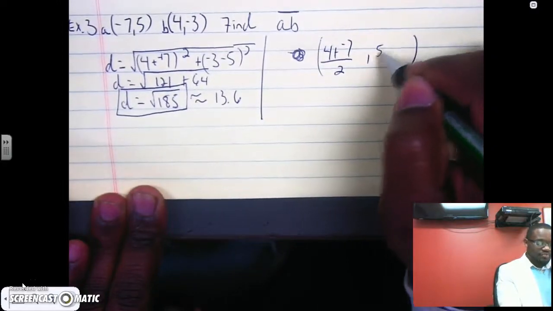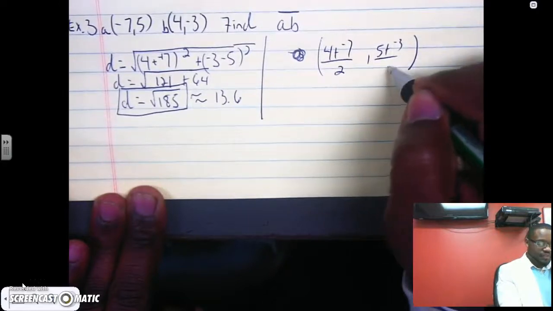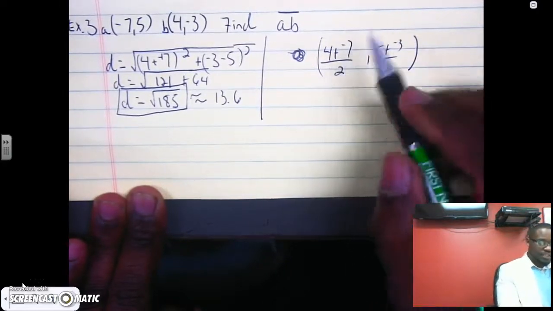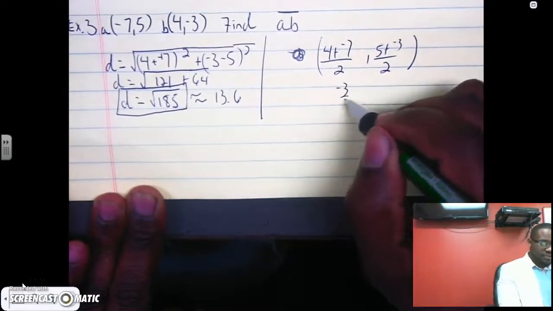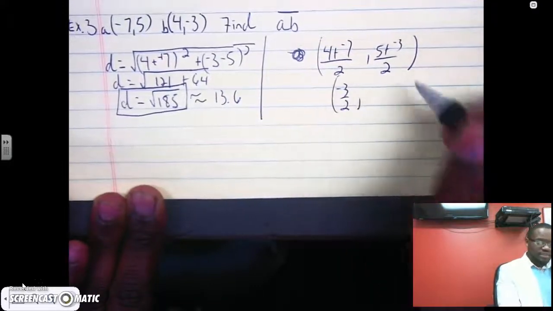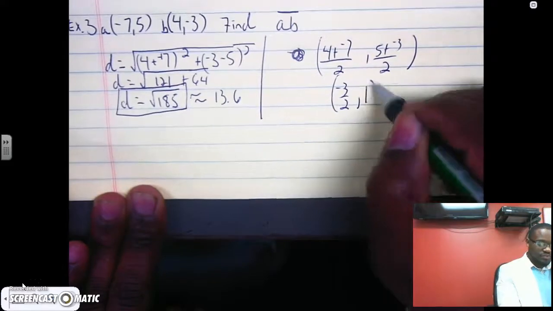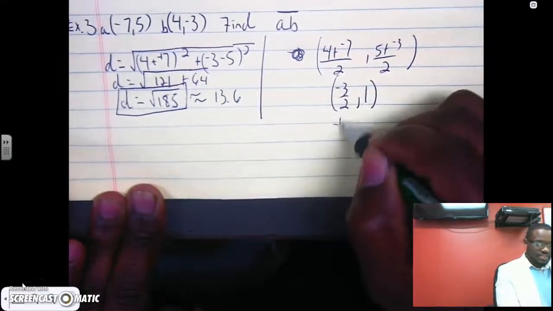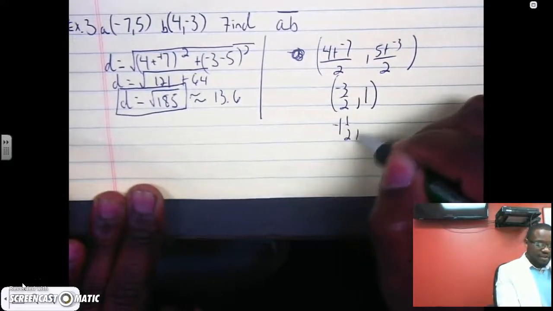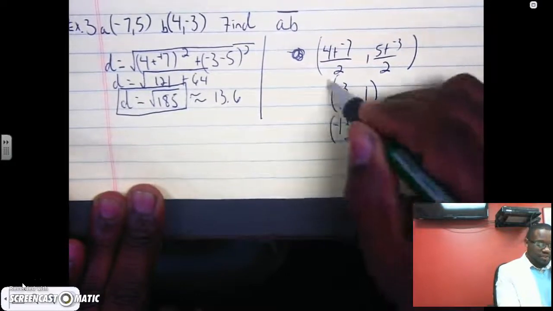And 5 plus -3. 4 plus -7 is -3 over 2. And 5 plus -3 is 2 over 2, which equals 1. Or that's the same thing as 1.5, comma 1. So either one of those.